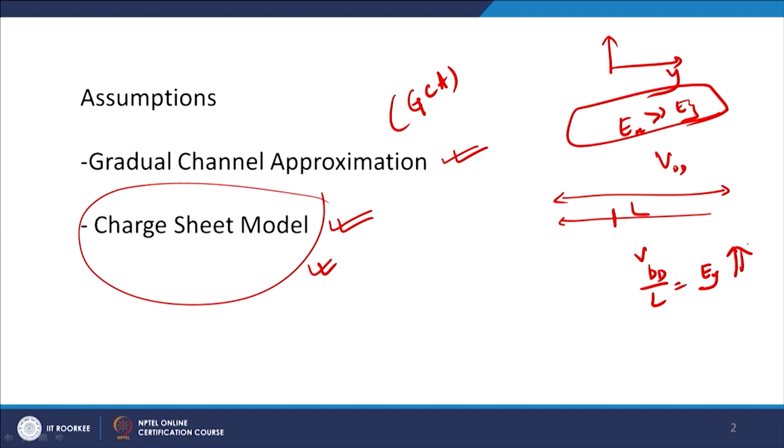Then my basic assumption that Ex is much larger as compared to Ey will not hold good, and both will be approximately equal to each other, and therefore GCA will not hold good. So GCA is always good when your channel lengths are typically very large. Fine, and that is what we define as channel charge injection.